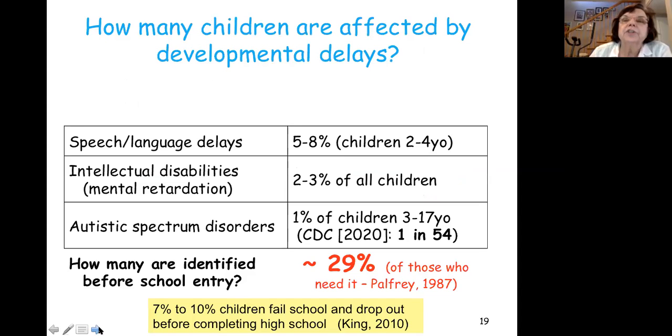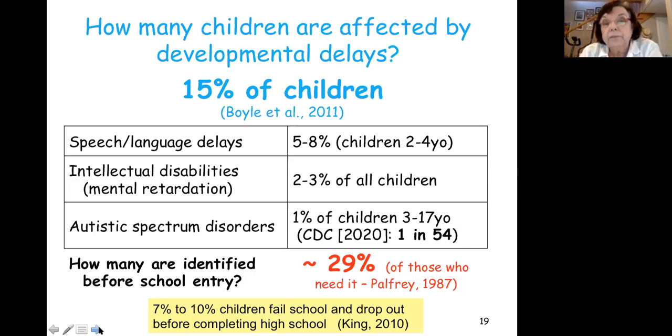So how many children are affected by developmental delays? And this, I think, can often be of major concern. Okay, about 15% of children have some developmental delays.